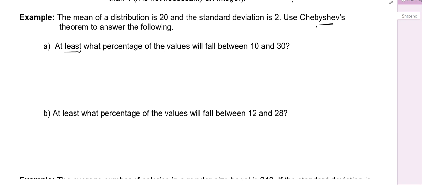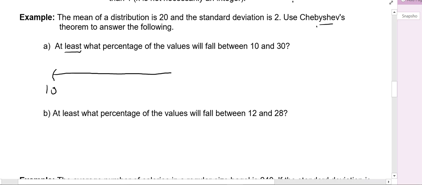All right, so once again, we are trying to find the percentage of data in this interval here, 10 to 30. Chebyshev's theorem relates the percentage of data to that of the interval, but in terms of the number of standard deviations. So notice our mean is 20.